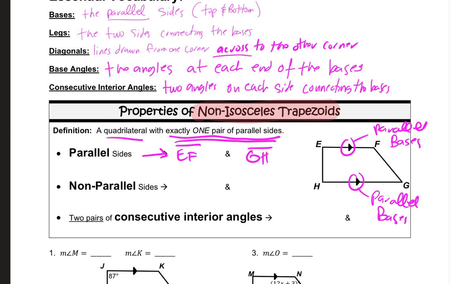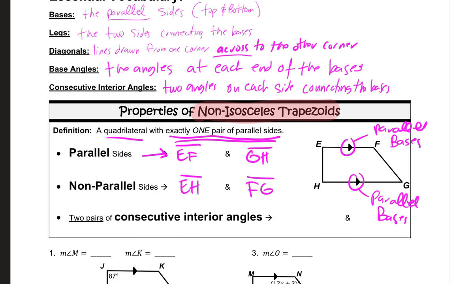Next, the non-parallel sides. If these two are the parallel sides, the non-parallel ones are these right here: HE, or EH, and FG. And then we have two pairs of consecutive interior angles, the two angles on each side connecting the bases.